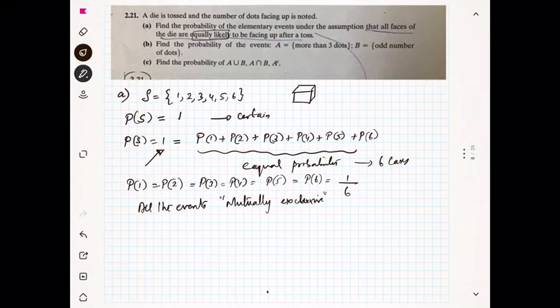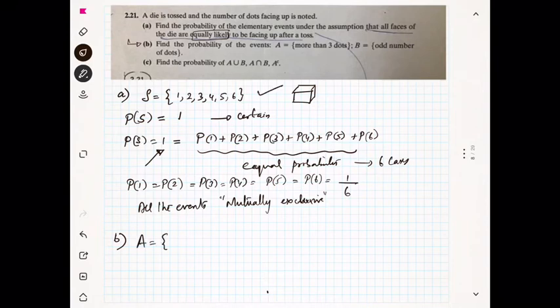Okay, next, the second part of the question. Now we will move to the second part of the question. Find the probability of A equal to more than 3 dots. So the event A, what is the probability of A? So we will see what is the sample space. You already know the sample space. And what will be the set A?